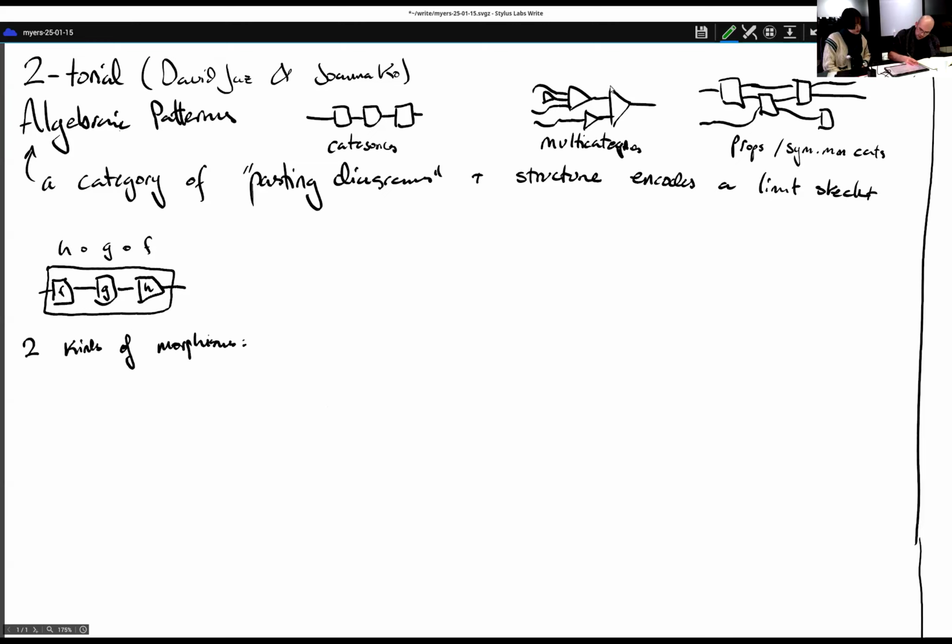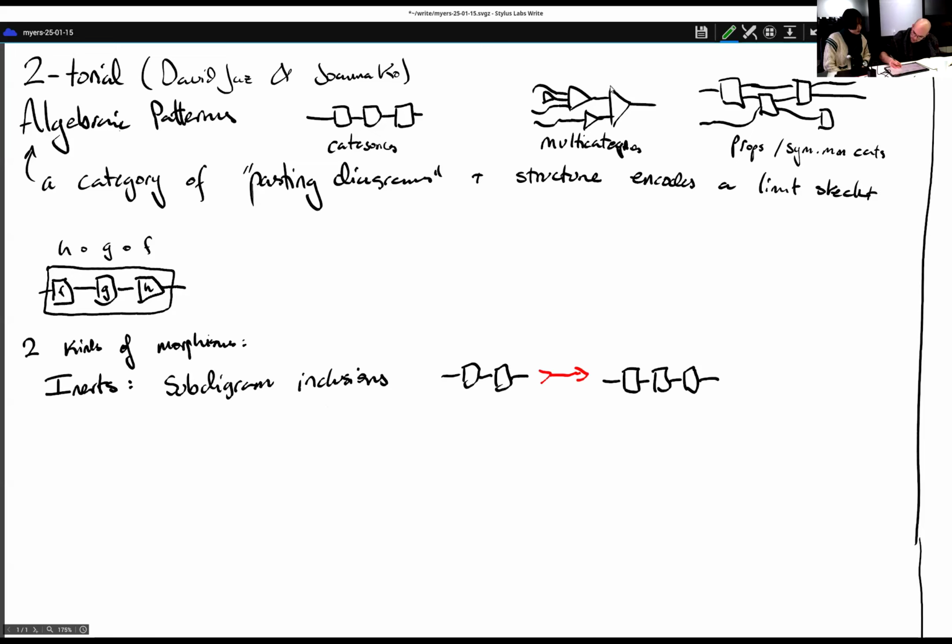The first are called inerts, and these are subdiagram inclusions. As an example, I have this diagram here, and then I have our friend from before, and I can consider the inert subdiagram inclusion in red that picks out this half here.